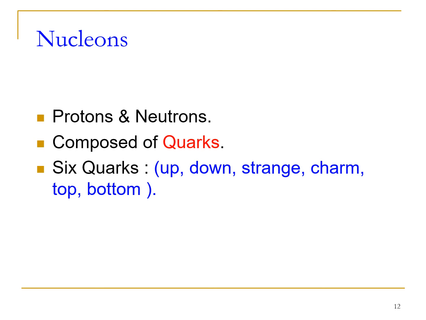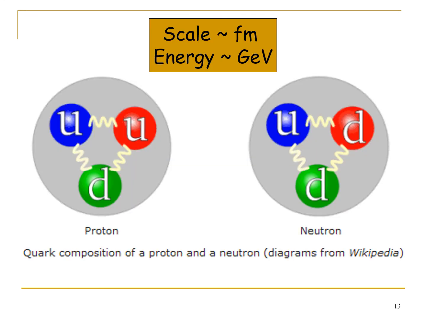There are 6 varieties of quarks, that is up, down, strange, charm, and top, bottom, and protons and neutrons are generally composed of up and down quarks. Here goes the quark composition of the nucleons. A proton is composed of 3 quarks, 2 u quarks and 1 d quark, and a neutron is composed of 2 d quarks and a u quark.